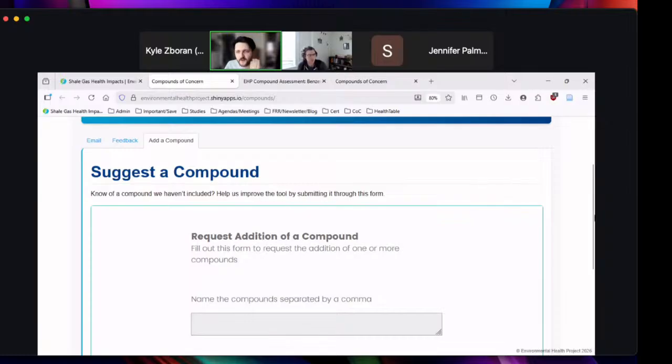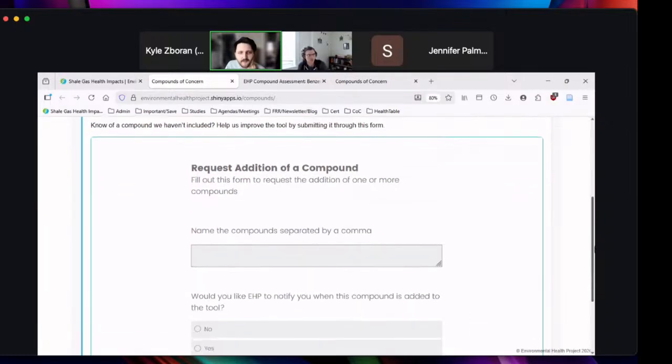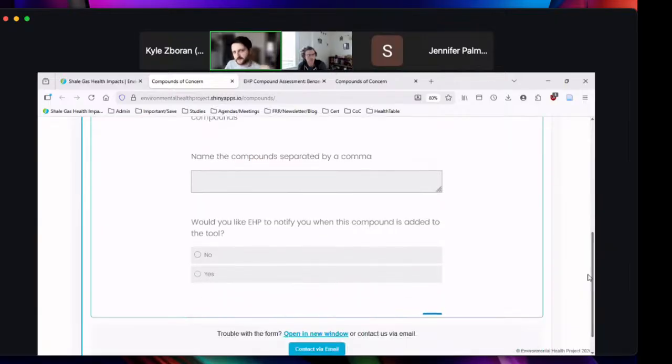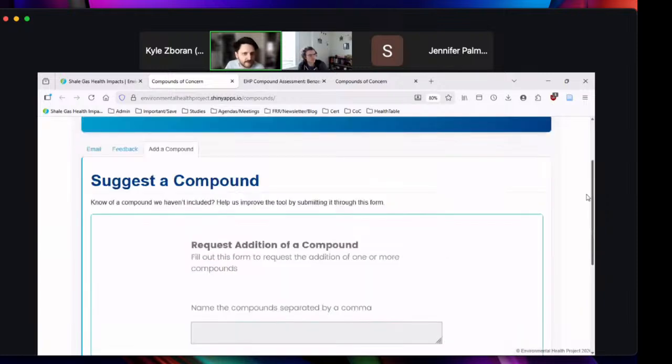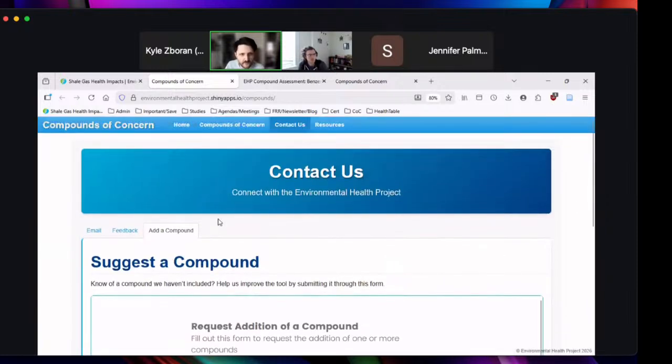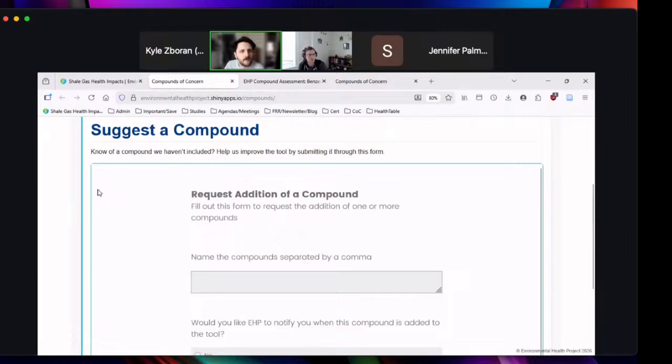We're just working through those lists, but if community members suggest a compound that they'd like to see, we usually just pop it to the top of our list so that we can add that quickly. So if there is a compound that you didn't see that you would like analyzed and added to this, we'll prioritize it if you fill out this form.